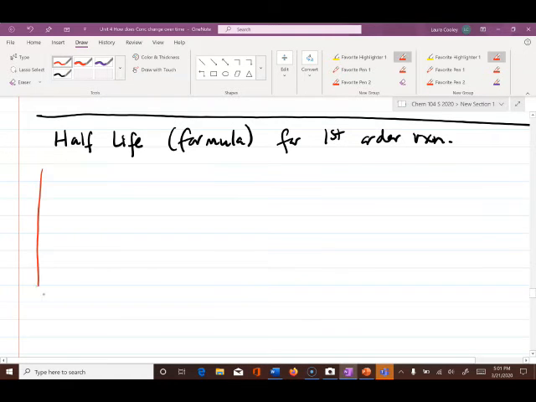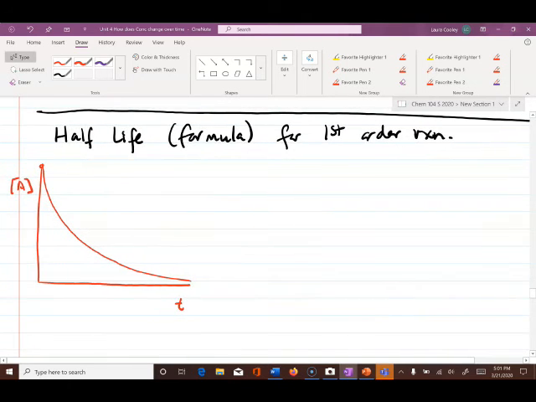But first of all, I want to review that if you plotted the concentration versus time for a first-order reaction, it would definitely not be linear. Remember, it's linear if you plot the log of A versus time. But I want to show you on this graph what's meant by half-life. Let's suppose you start at the initial concentration A0, A being the reactant.